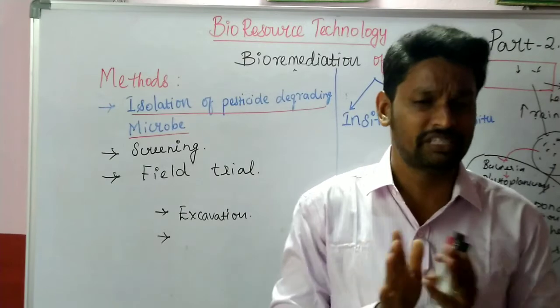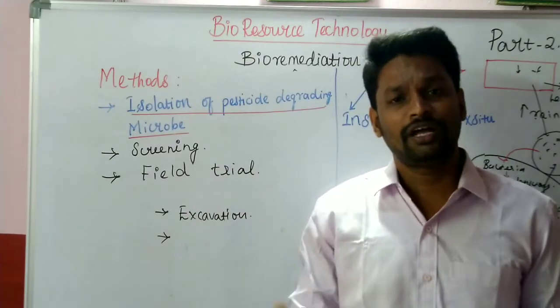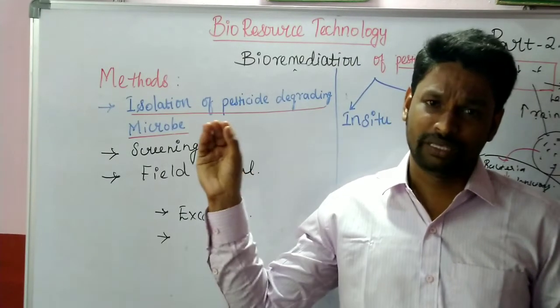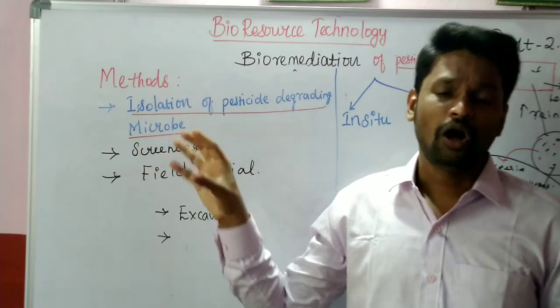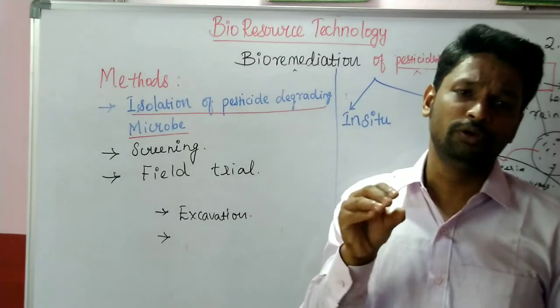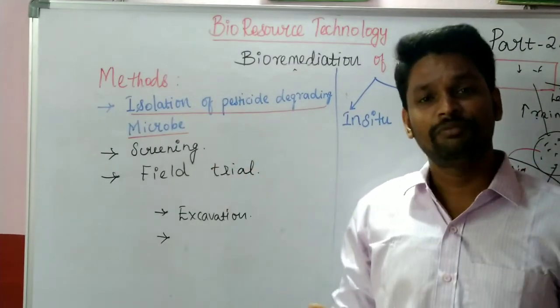So what you are going to do is, in nutrient agar, you add some kind of pesticide, commonly commercially available pesticides, or you mix a small amount of pesticide into the growth medium of the bacteria.